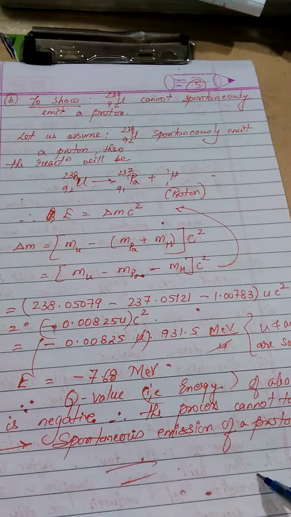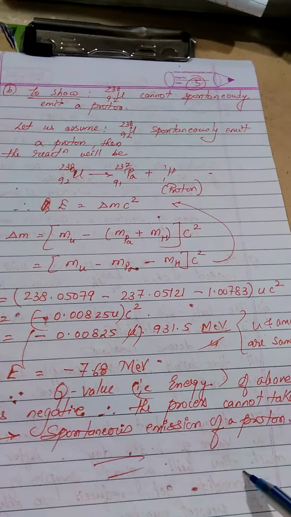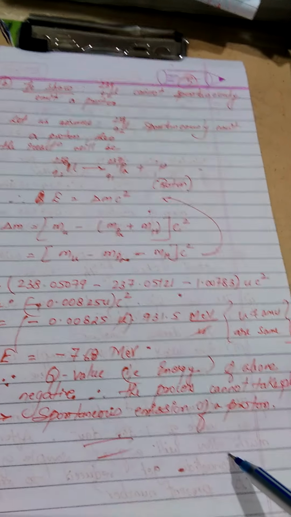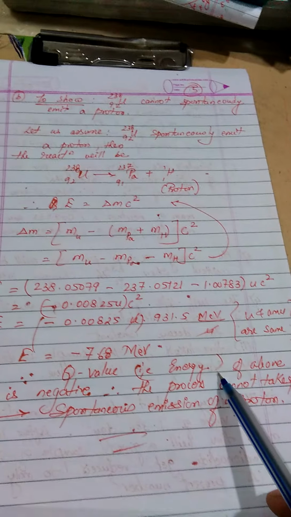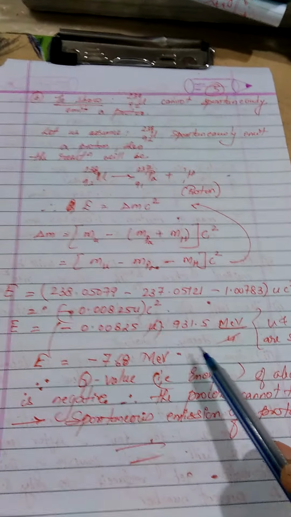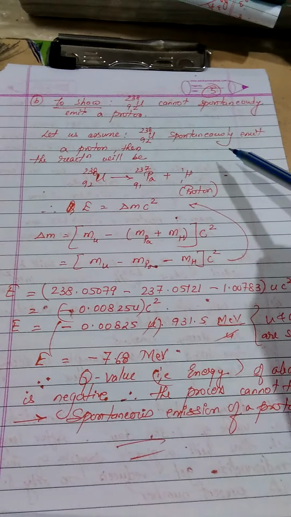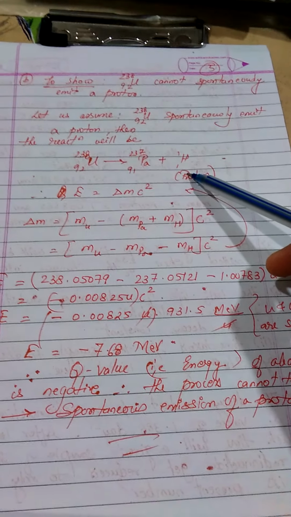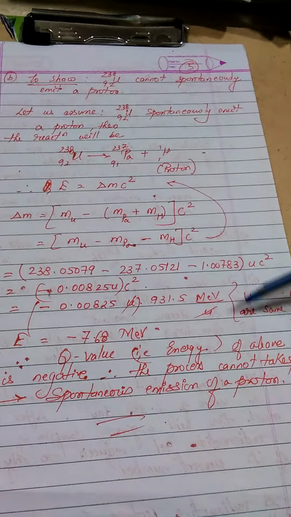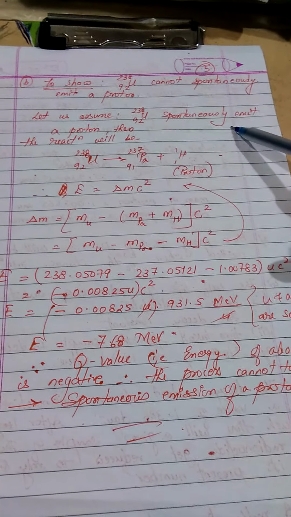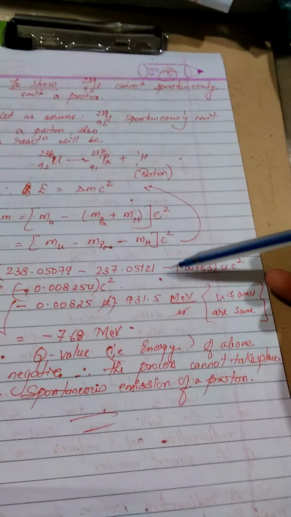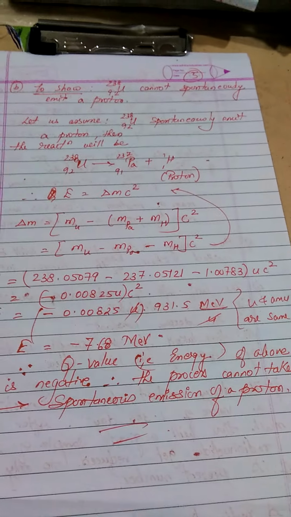So as I replace it, the energy comes as minus 77.68 mega electron volt. The energy or the Q value of this equation is negative because we have assumed that it is spontaneously emitting a proton, which is actually not possible, because if the energy is negative, it means the process which we have assumed is practically impossible. So there is no spontaneous emission of proton.